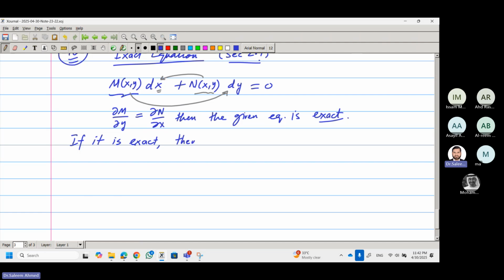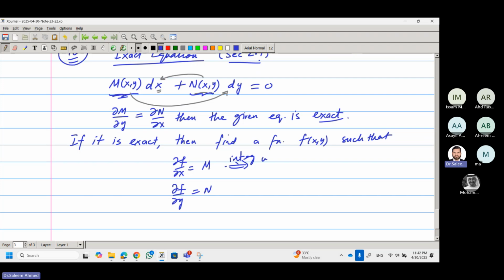then step 2 is we find a function f(x,y) such that the derivative of f with respect to x is m and derivative of f with respect to y is n. These m and n. And then we integrate these two functions. We integrate this with respect to x.